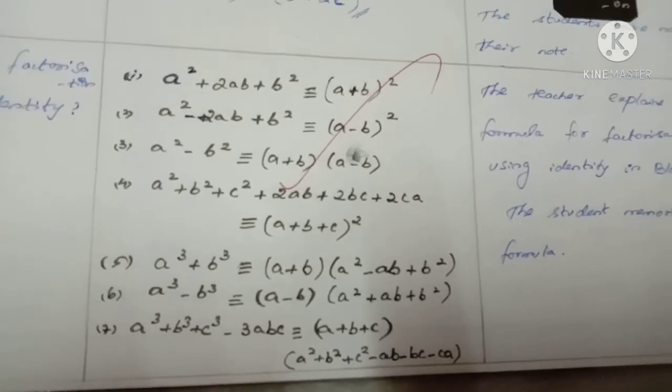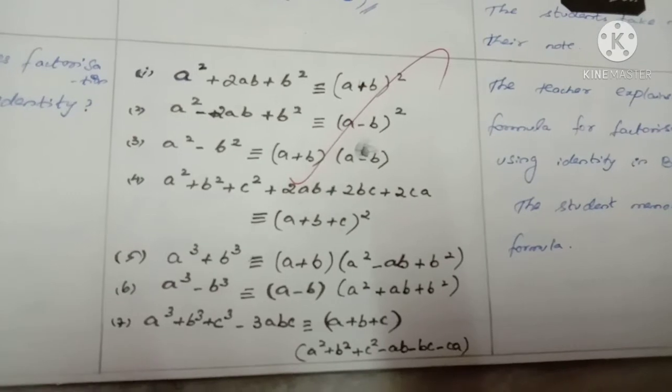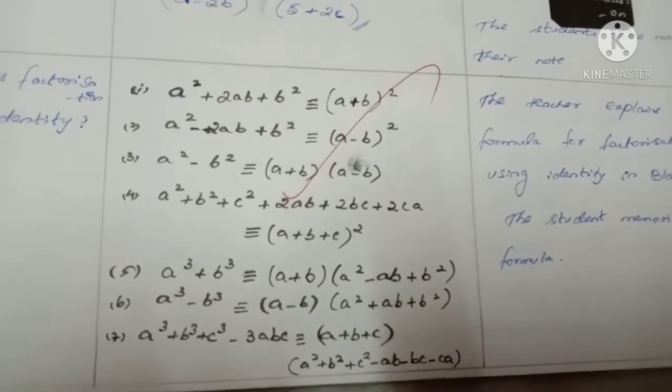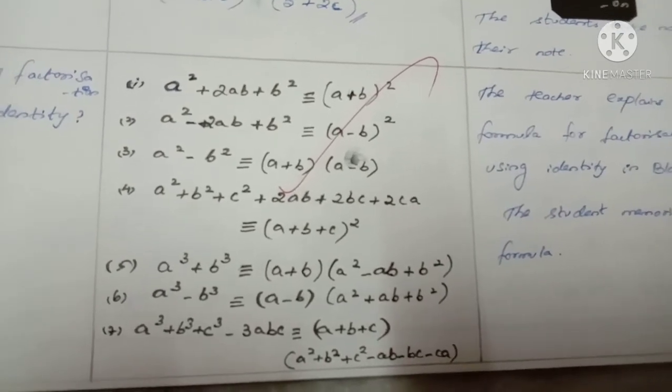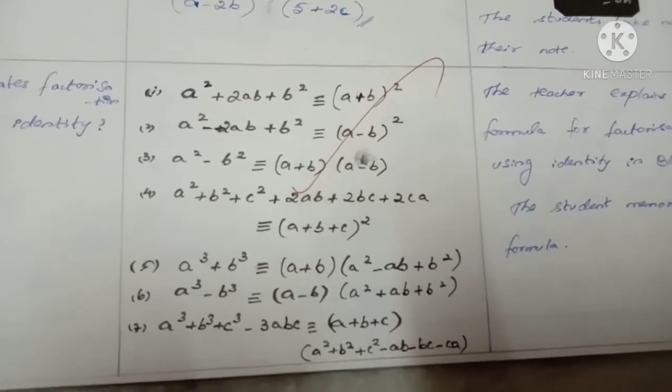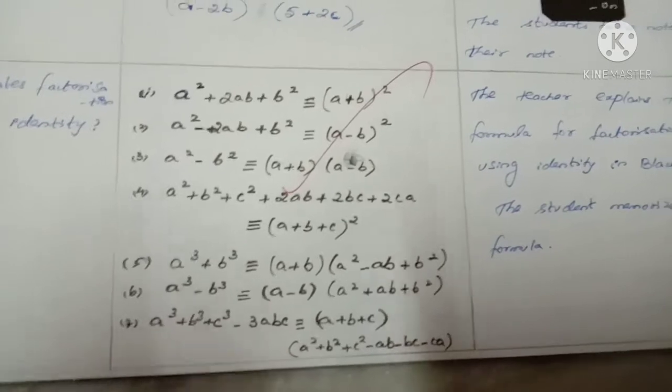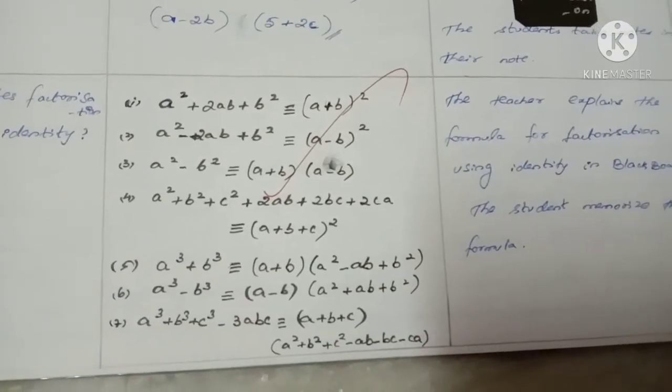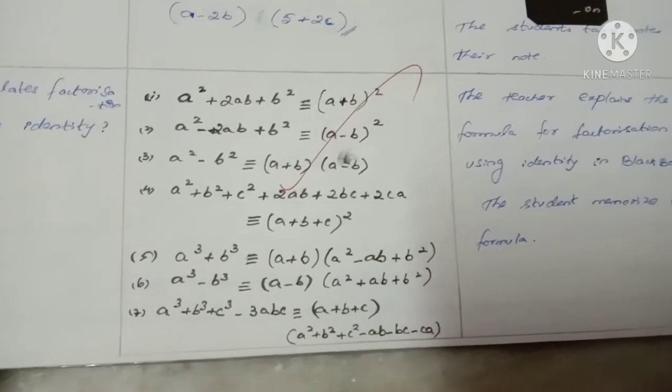Seventh one is a cube plus b cube plus c cube minus 3abc equals a plus b plus c into a square plus b square plus c square minus ab minus bc minus ca.